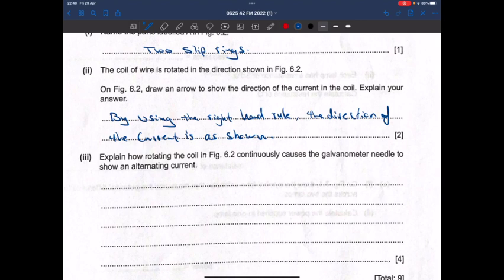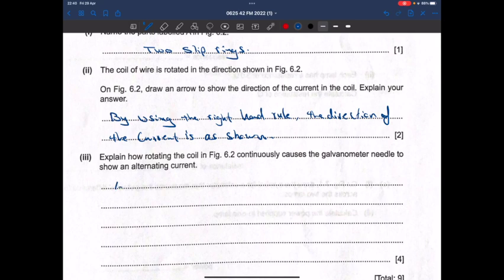After 180 degrees, for example, of rotation, the direction of the coil, when it cuts the magnetic field lines, will reverse. So the direction of the current will reverse again, and so on. So we will get a new direction for the current every 180 degrees. This is what I could write here.